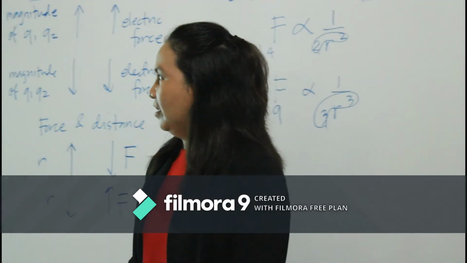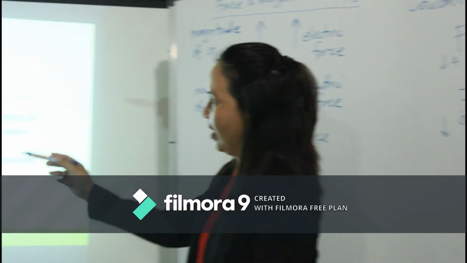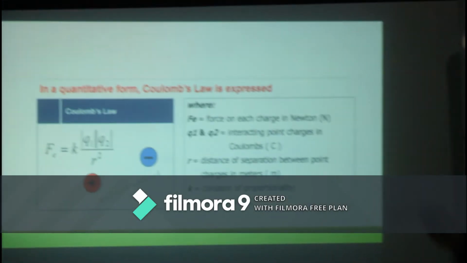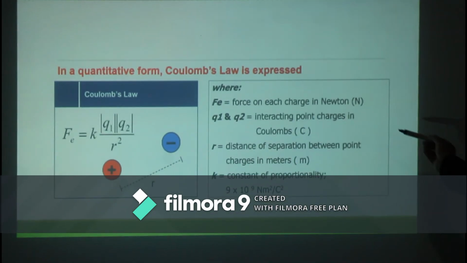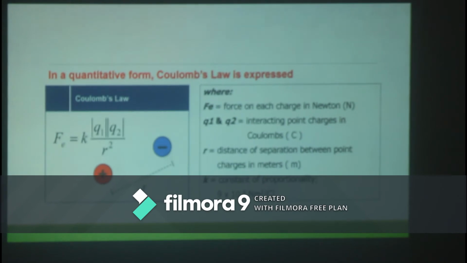Now, in quantitative form, Coulomb's law is expressed as F is equal to k Q sub 1 Q sub 2 over r squared, where F is the force on each charge expressed in Newton.